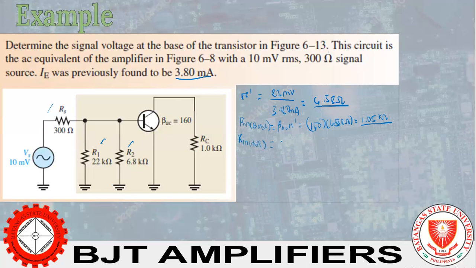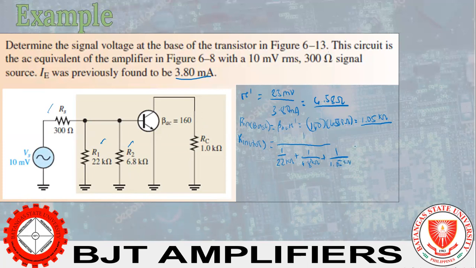So, our R in total is parallel to R1, parallel to R2, parallel to R in base. So, 1 over R1, which is 22 kilo ohm, plus 1 over 6.8 kilo ohm, plus 1 over 1.05 kilo ohm.